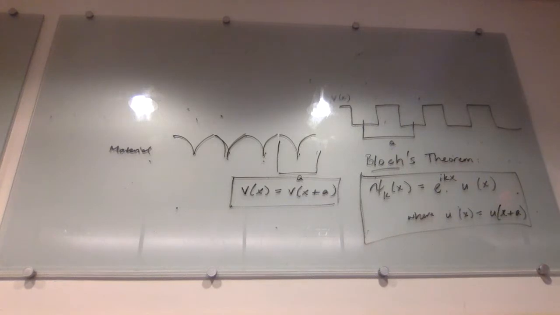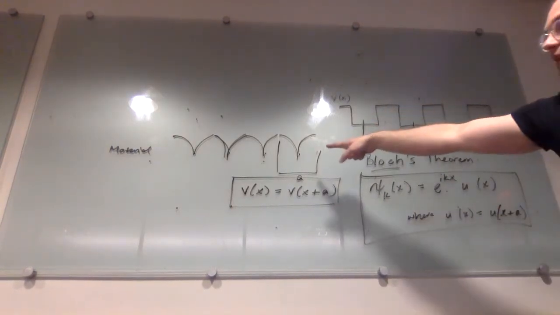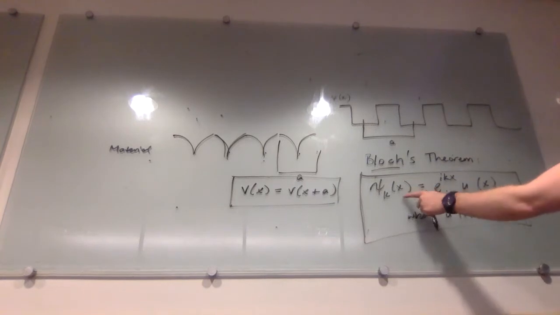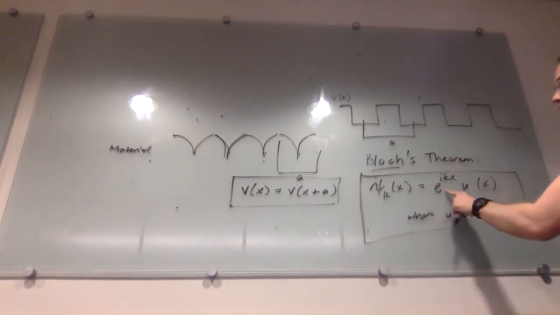Of course, I have to tell you a little bit about what these mean. Bloch's theorem just says that if you have an electron in a periodic potential with a period a, that's this or any shape, the wave function of an electron in that space looks like this.